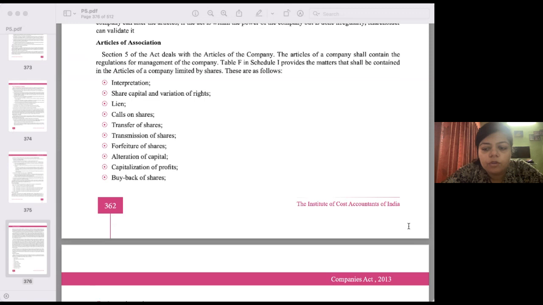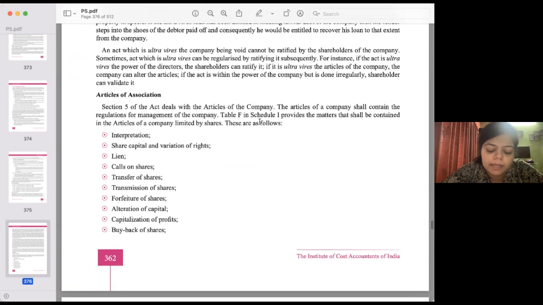There can't be any misrepresentation whatsoever with respect to a particular company. Whatever you write in your memorandum, whatever you write in your articles, there can't be any misrepresentation per se. Whenever you write something within your articles or memorandum, the idea is that you as a company are going to abide by it.